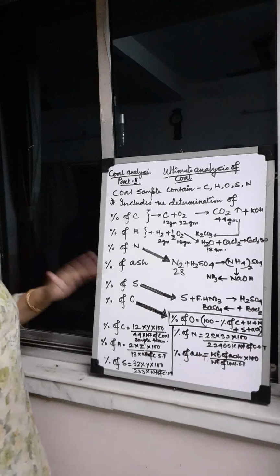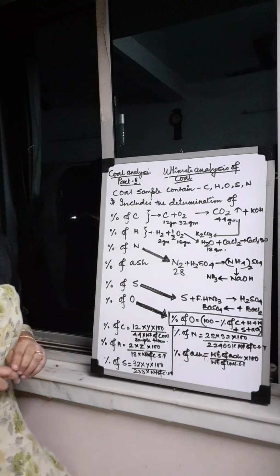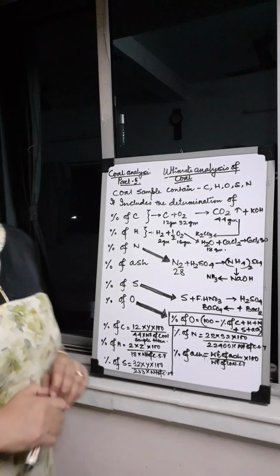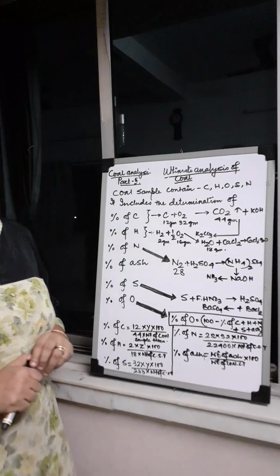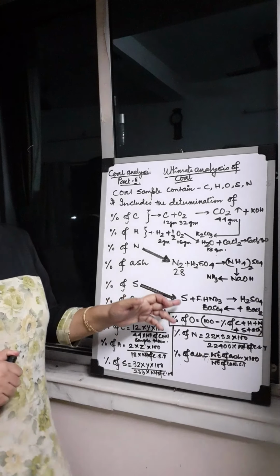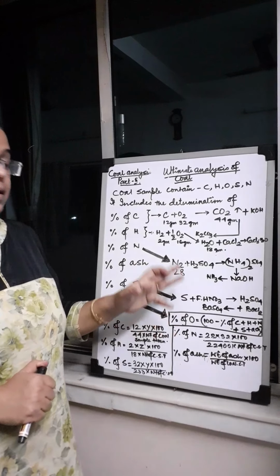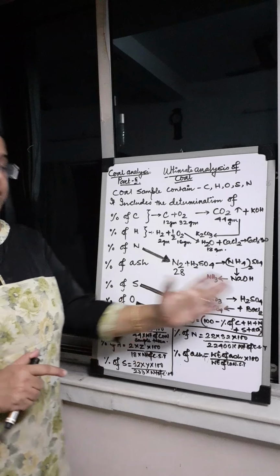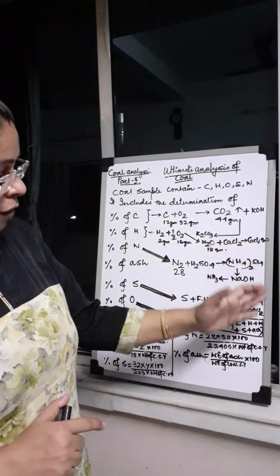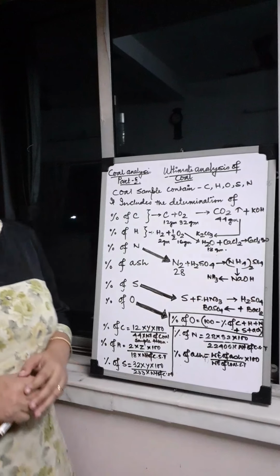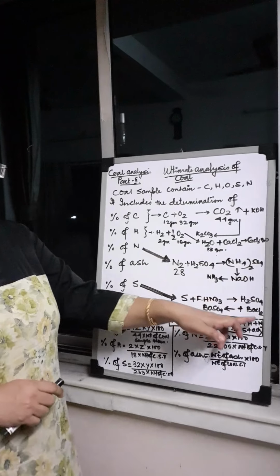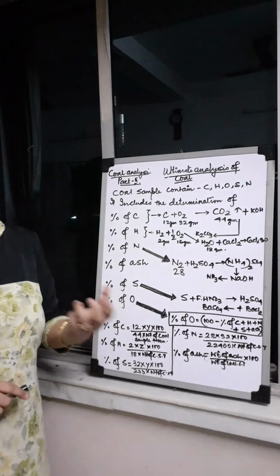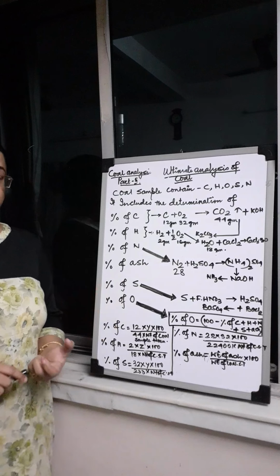Next one is percentage of sulfur. To determine the percentage of sulfur present in the coal sample, the sample is digested with fuming nitric acid, then it is converted into sulfuric acid. After conversion, it is treated with barium chloride, H2SO4 plus BaCl2. Then we get a white precipitate of barium sulfate.